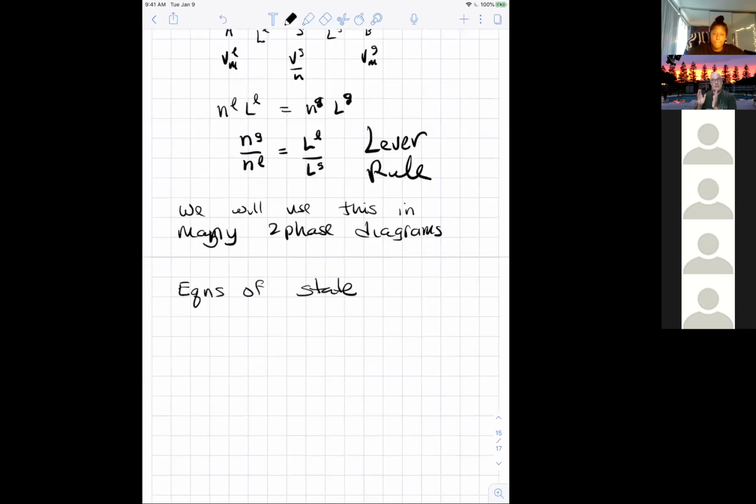It might just be density. D is m over v, right? We might have an equation of state that describes the gas phase, might be the van der Waals equation. But they have trouble in two-phase regions, and funny things can happen mathematically. So this is, let's write this down, trouble.